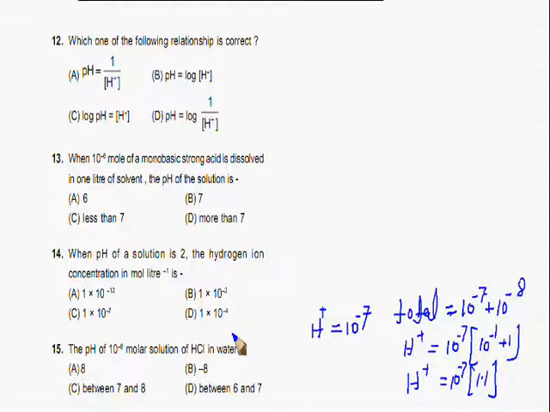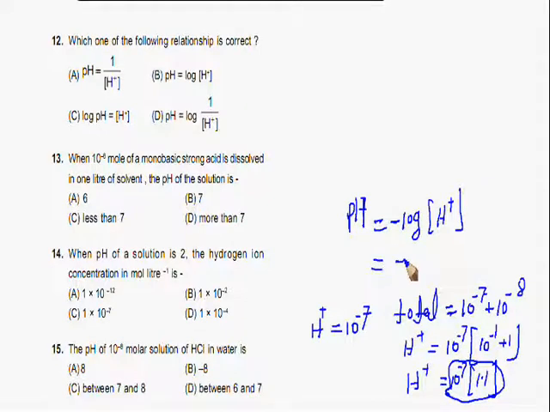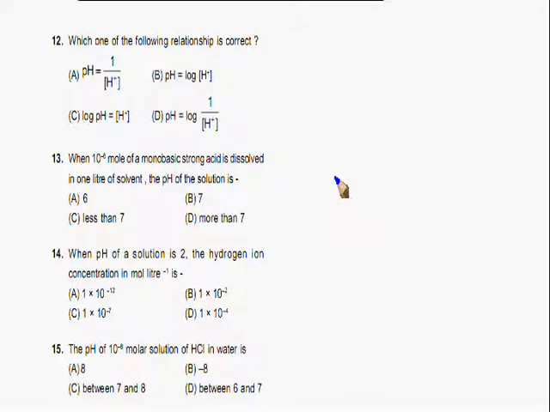Therefore, in this question, we put the concentration of H+ as 10 to the power minus 7 into 1.1. Putting the value of H+ in the equation pH equals minus log [H+], where the concentration of H+ is 10 to the power minus 7 into 1.1, we get the value of pH equals 6.9586.